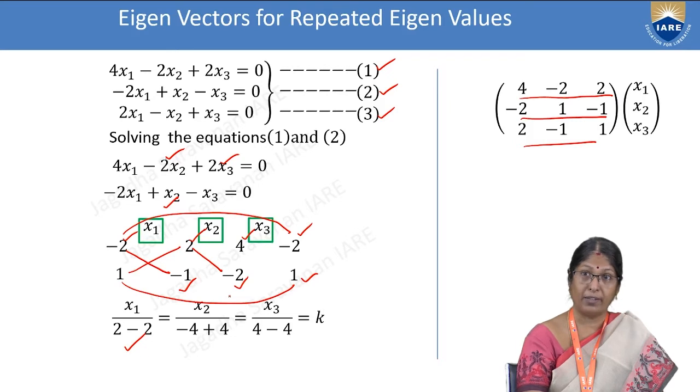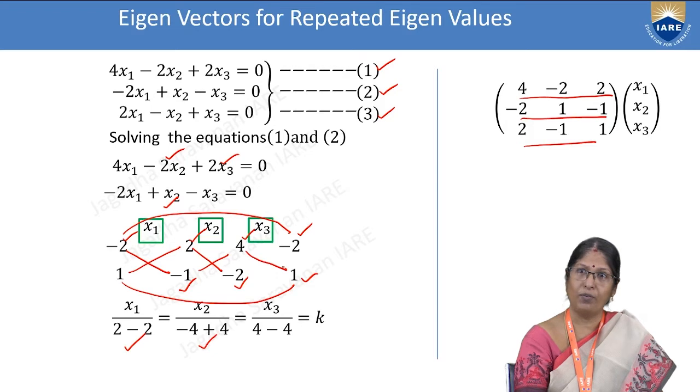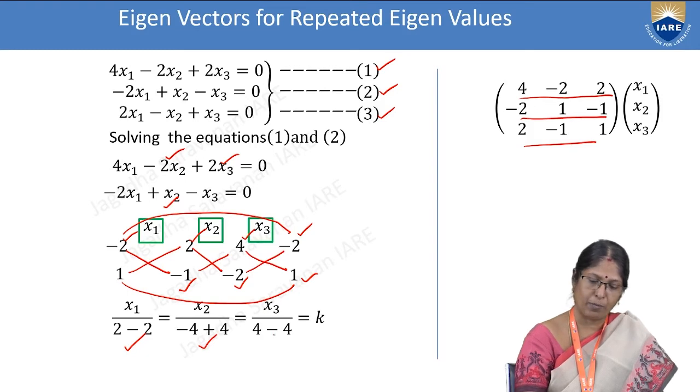Minus, the formula minus is there. Minus 1 into 4, minus 4, but the formula minus is there, so plus 4. Next, this: 4 into 1, 4. The formula minus is there, so multiplying, we are getting plus 4. So 4 minus 4 equal to k, that is the arbitrary constant.